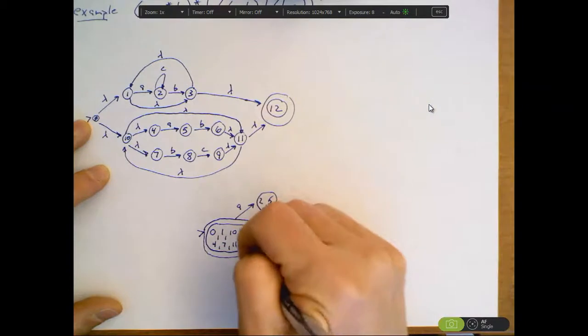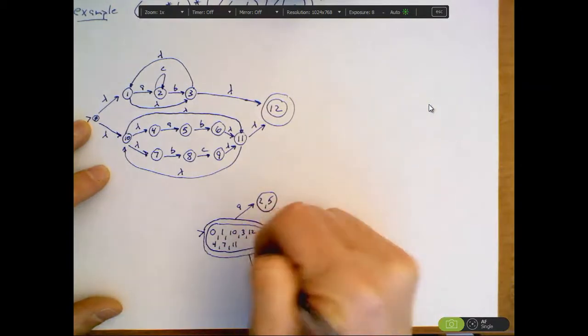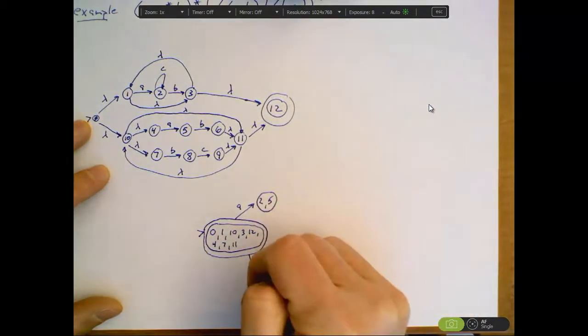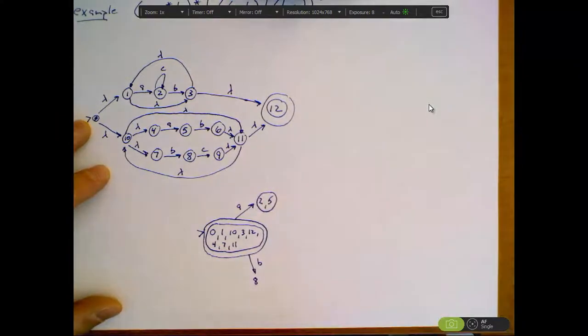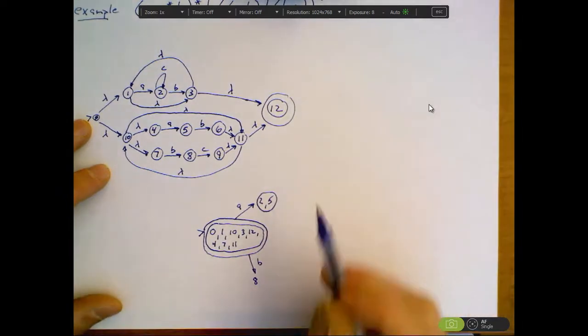So let me go this direction, I guess. 11 on a B, can't get anywhere. So 8 is going to be a state, but you know, I've realized I've screwed up already.